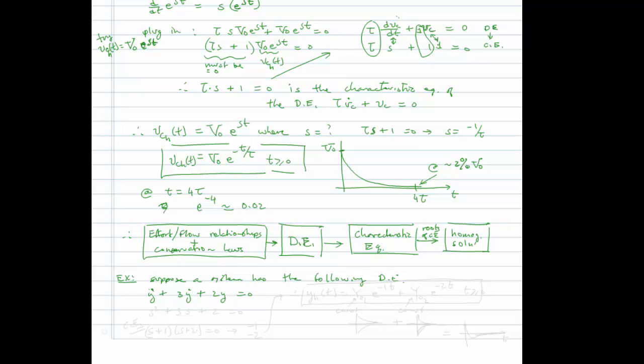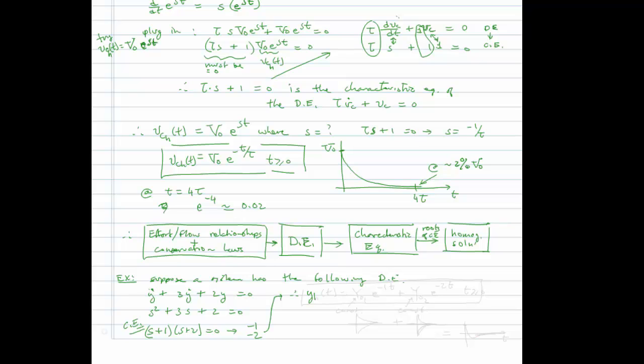So down here, the second derivative of y will turn into s squared, plus 3s plus 2 is equal to 0. Now this can be factored into s plus 1 times s plus 2. And so the roots of this characteristic equation are minus 1 and minus 2.